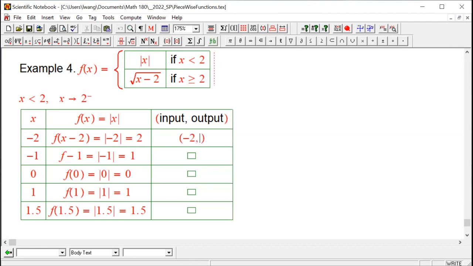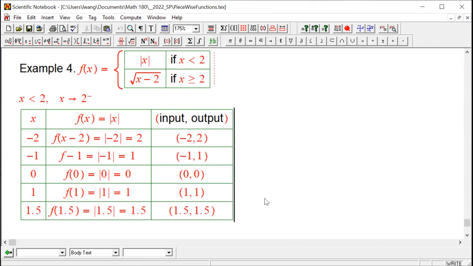Input -2, output 2; input -1, output 1; 0, 0; 1, 1; and 1.5, 1.5.